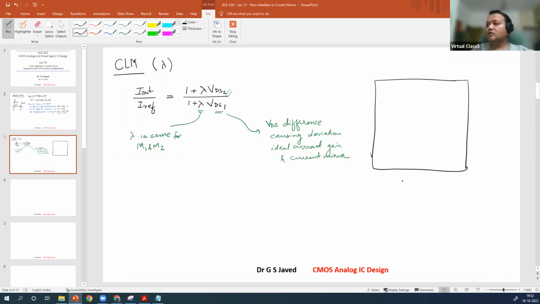First thing is, what is the VDS1 minus VDS2? What is the delta VDS that we see here? And then what is the ratio of the error? That is this particular error, 1 plus lambda VDS2 over 1 plus lambda VDS1. So this is going to be the ratio error.